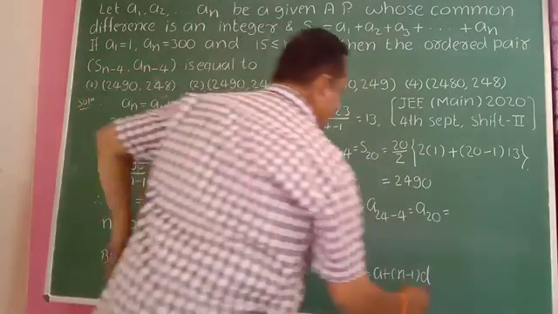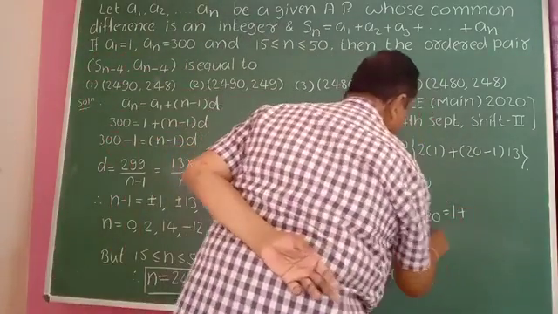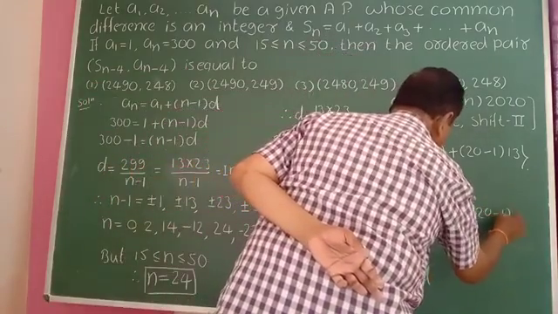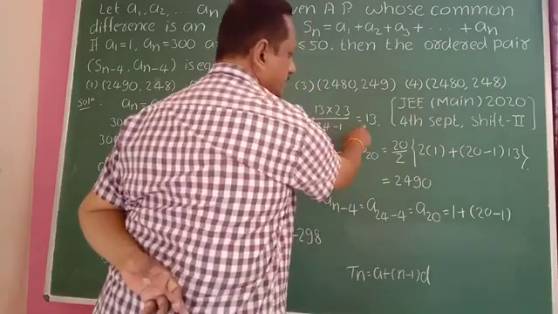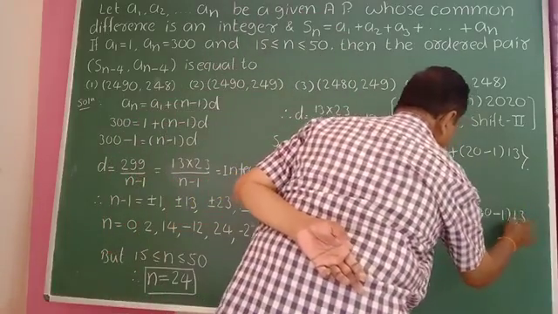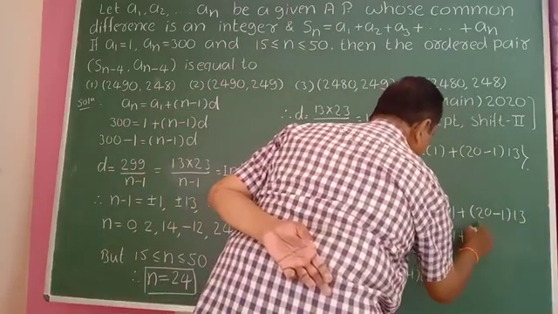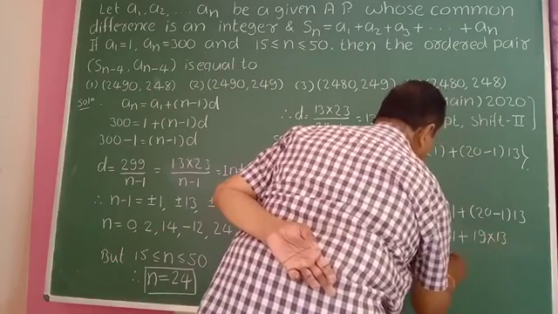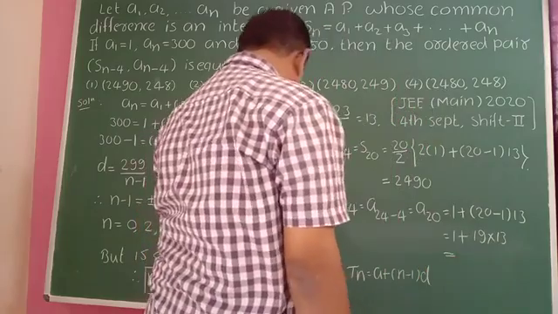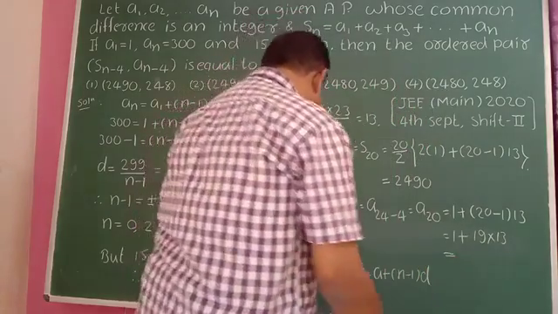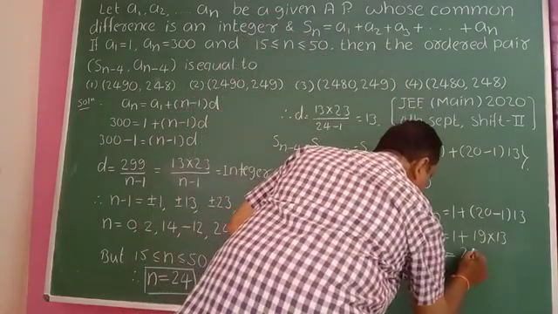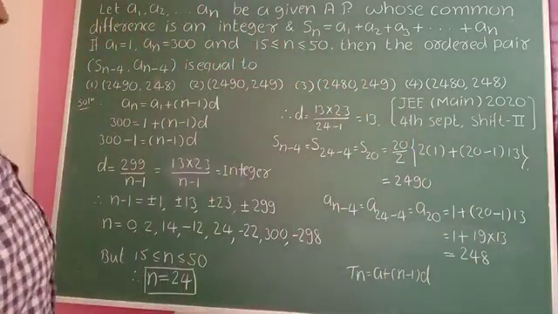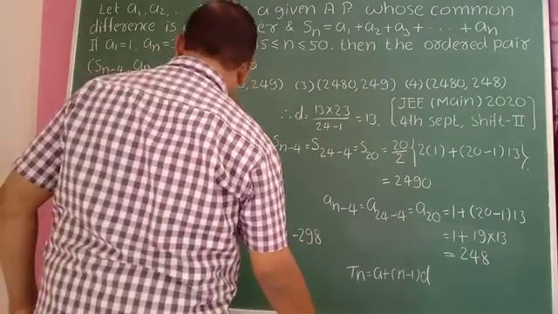So write here 1, then plus, and n becomes 20 here. 20 minus 1, and d value is this 13. So write here 13. 1 plus 20 minus 1 is 19 into 13. That is equal to, so simplify we get 248 here. Therefore here the correct option is the first one.